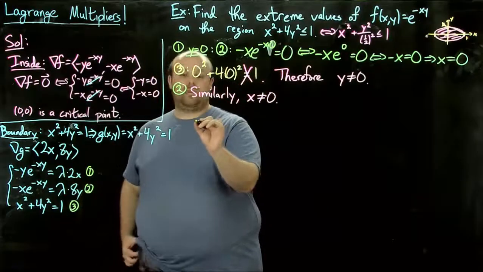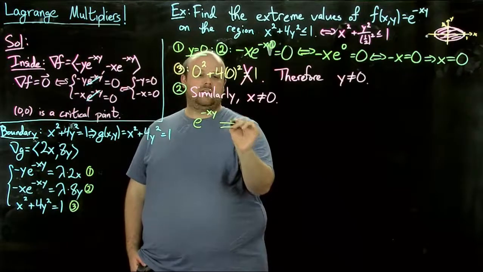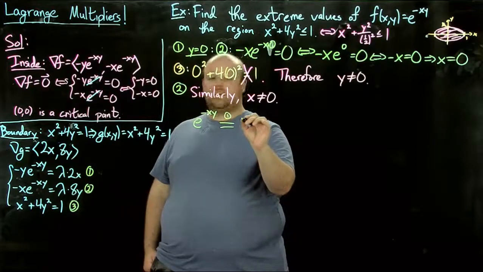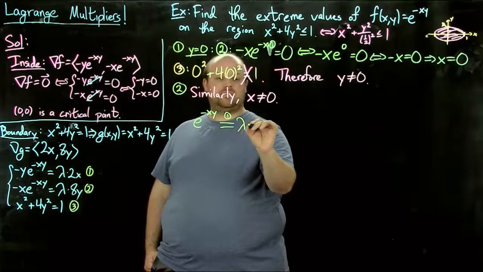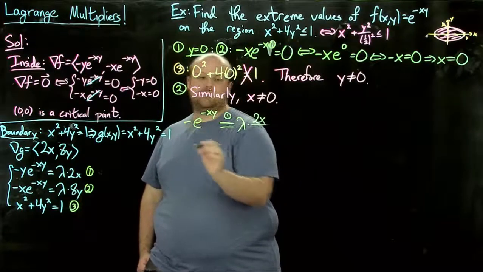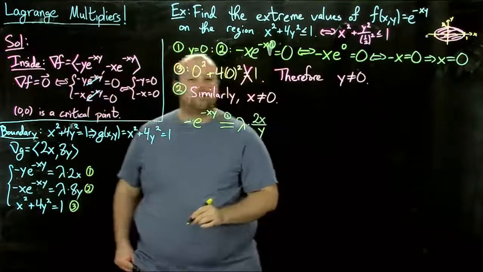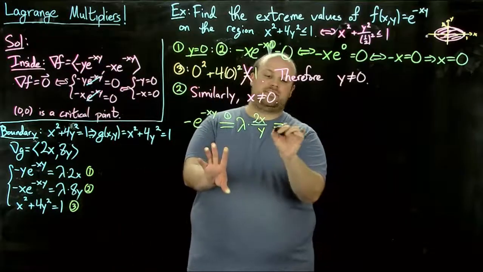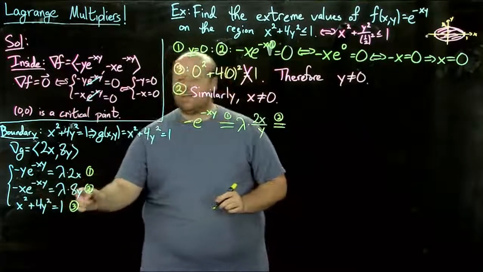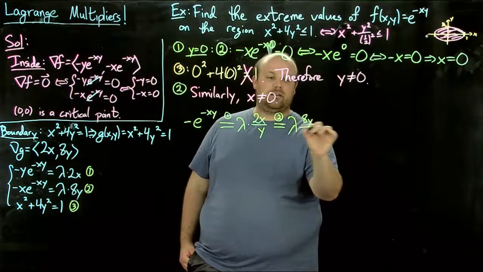So, we have e to the minus xy. Equation 1 tells us that's equal to lambda times 2x. Actually, let's leave the minus sign over here too. Just divide by the y. Okay? But this is also equal to, by equation 2, if we divide by x, lambda times 8y over x.